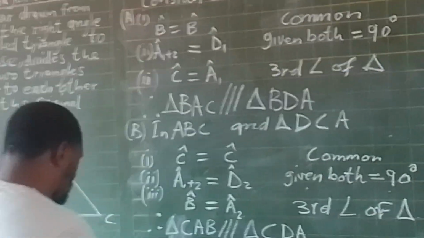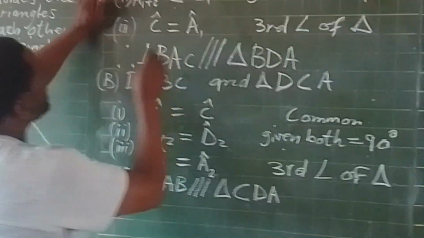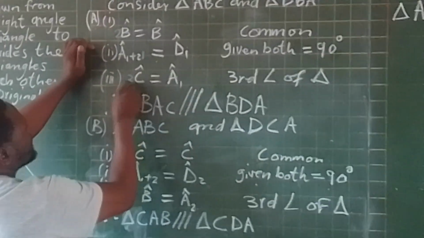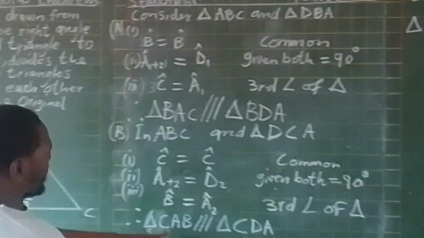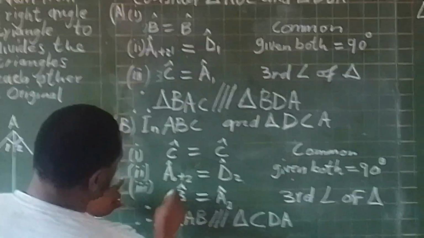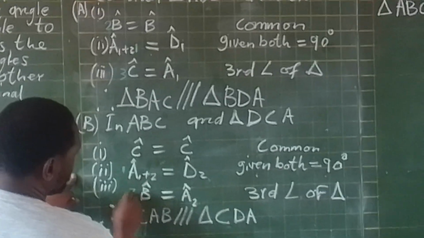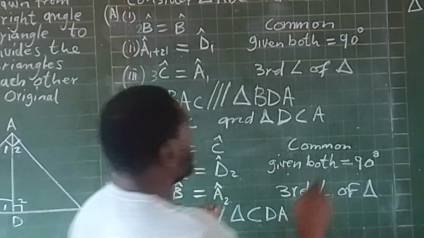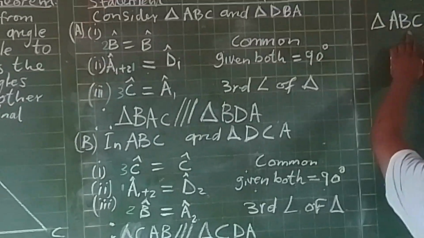Let's check ABC here, it's A, B, C. And then come here, I want ABC here, it's A, B, C. So the first one is ABC.